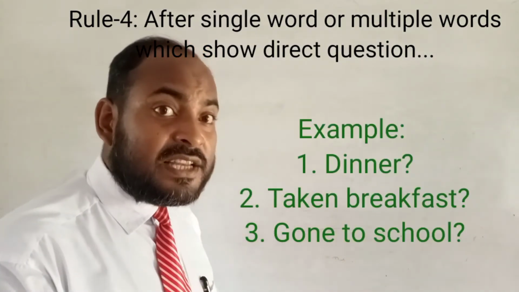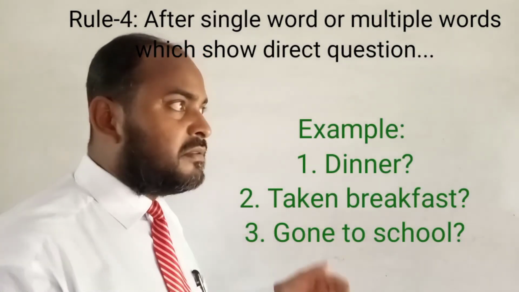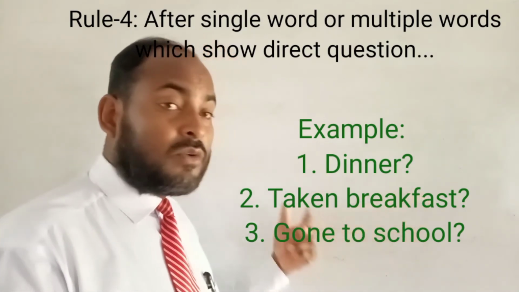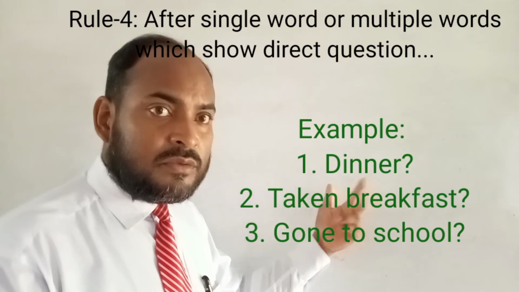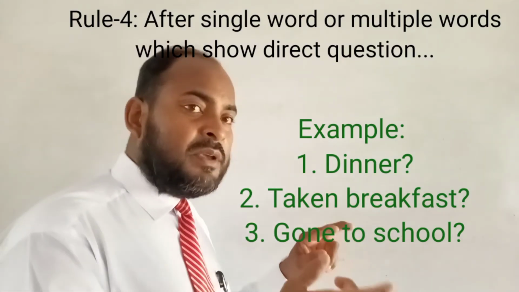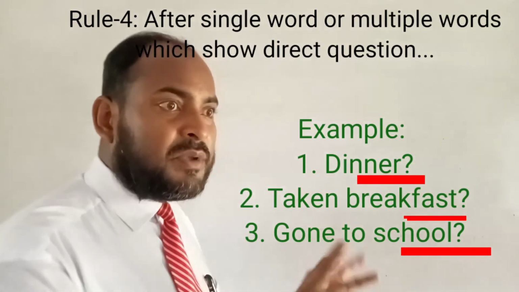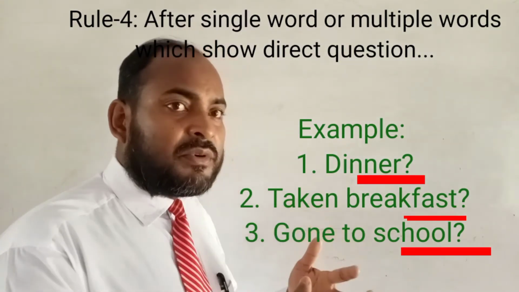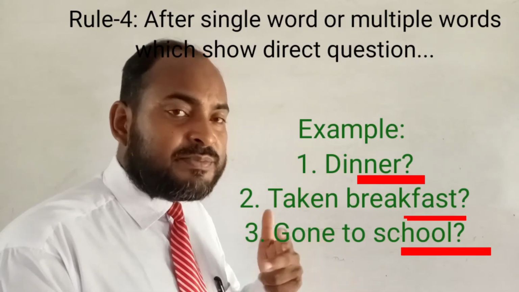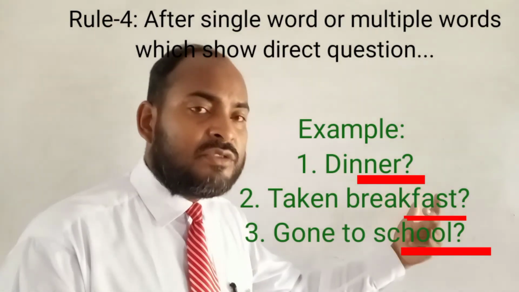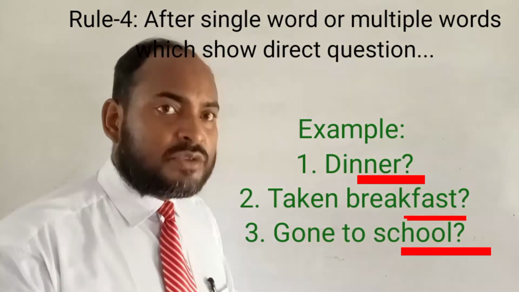Example: dinner, taken breakfast, gone to school. Okay, this type of word may be a single word or it may be multiple words. If this type of word or words expresses a direct question, then we have to put question mark or note of interrogation at the end of that word.